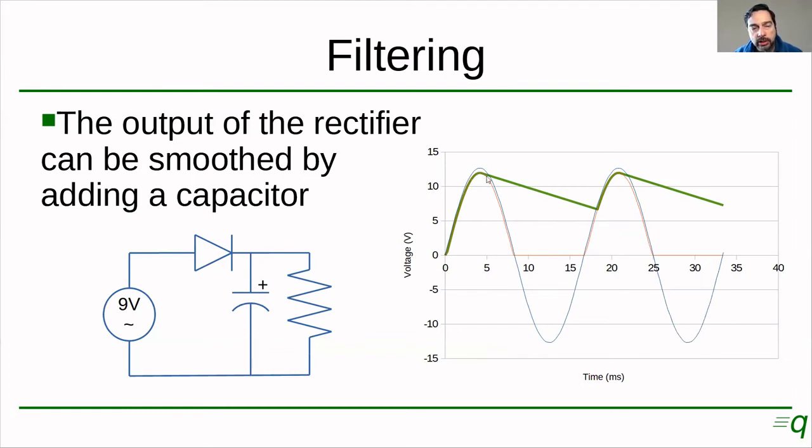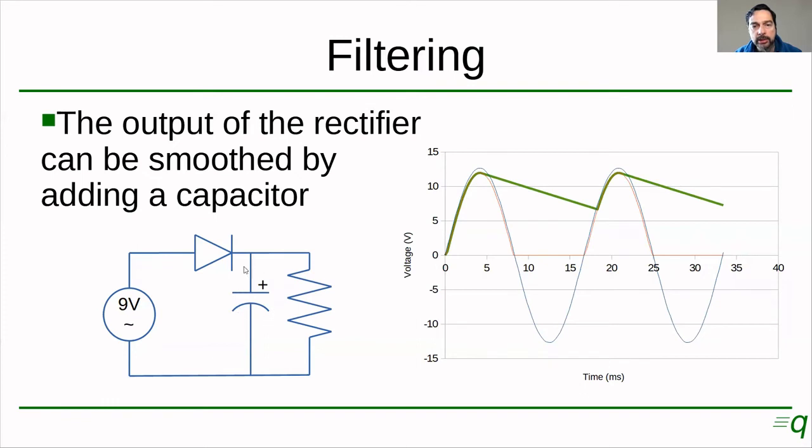When the voltage starts to go down on the blue trace, the capacitor will hold the charge here for a few milliseconds in this case. This scale is in milliseconds, right? In about 5 milliseconds, it reaches the peak, and then the voltage starts to go down on the anode of the diode.